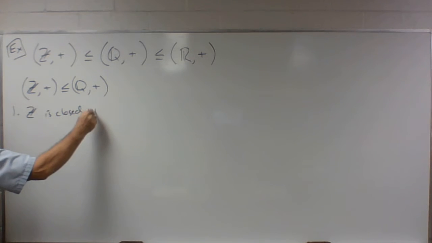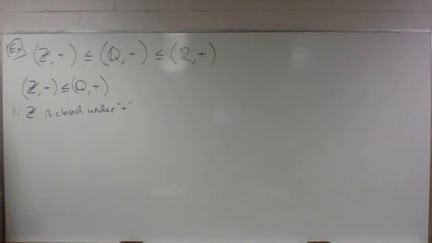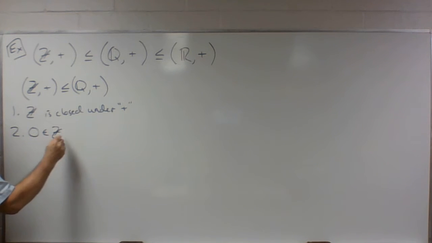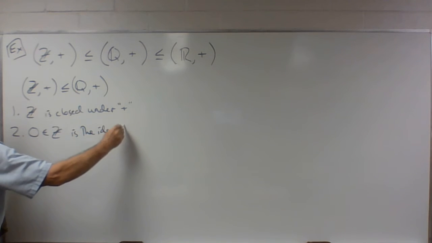Z is closed under the operation of addition. If we add 2 integers, we get another integer. 2, 0, which is an integer, is the identity.